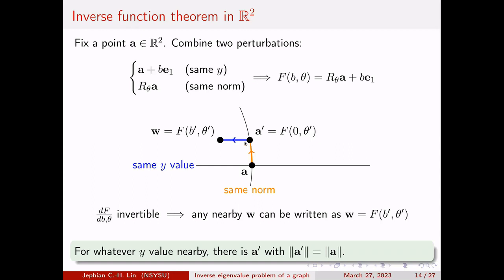This point has the same Y value as W. It has the same norm as A. So that is to say, for any Y value nearby, you can always find a vector A prime with the same norm. Well, for the 2-vector, this is obvious, and for sure I'm just using heavy machinery, right?